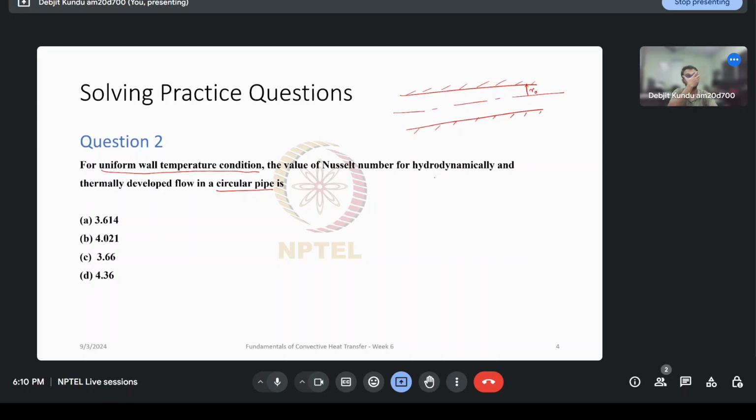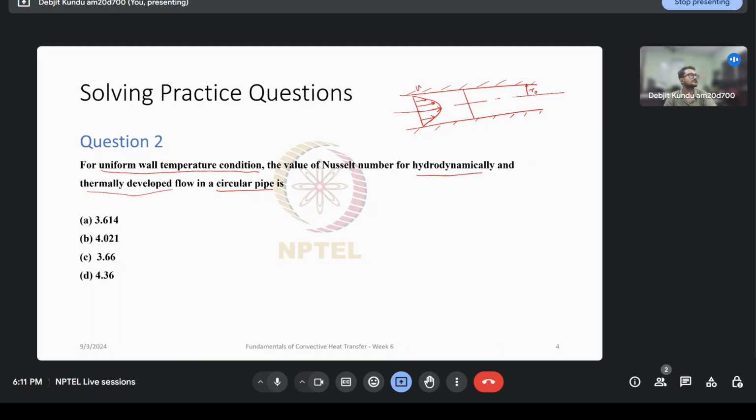And the flow is hydrodynamically as well as thermally fully developed. So I'm assuming we will have a velocity profile like this, which is parabolic, which we can solve for. This type of flow is also known as a Hagen-Poiseuille flow. And the thermal boundary layer is also fully developed.